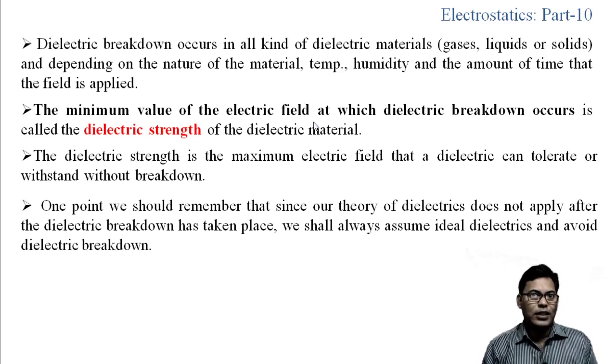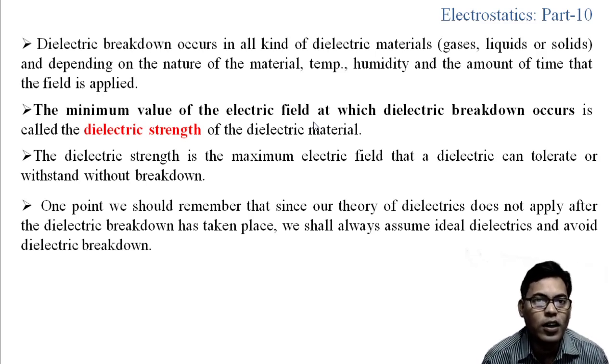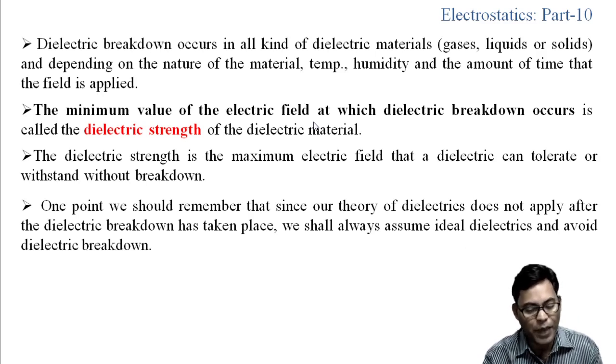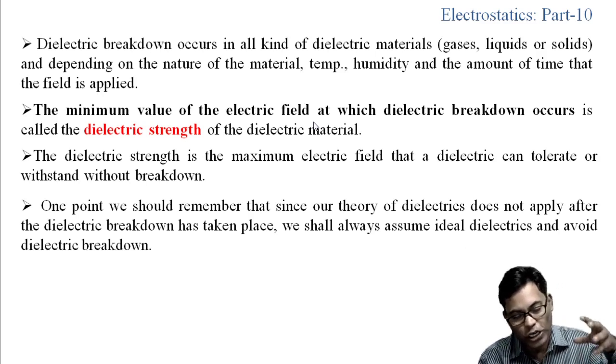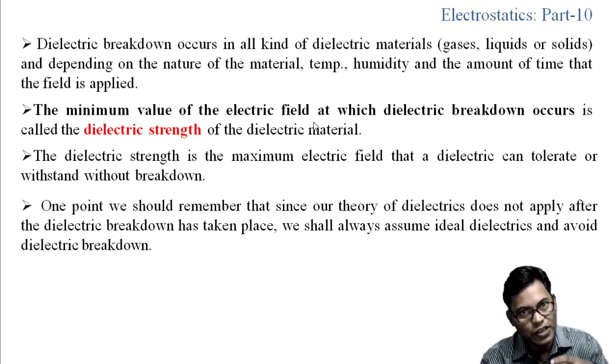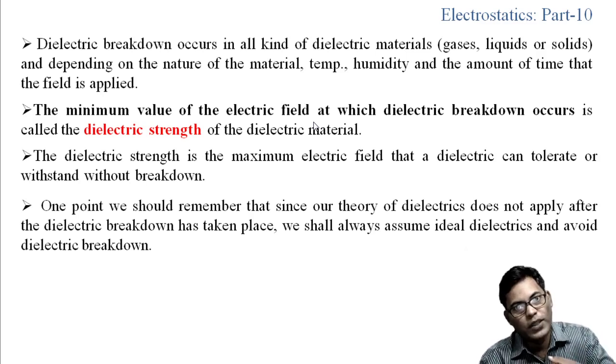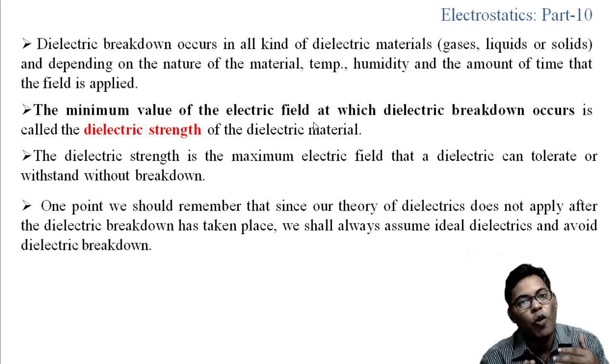For the understanding of dielectric breakdown, we considered the practical dielectric, which is not ideal. In a practical dielectric, if we continuously apply the electric field, then at some value of the field it will pull the electrons from the molecules or atoms, the dielectric will become a conducting material, and dielectric breakdown occurs.